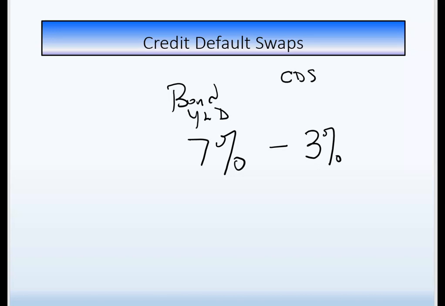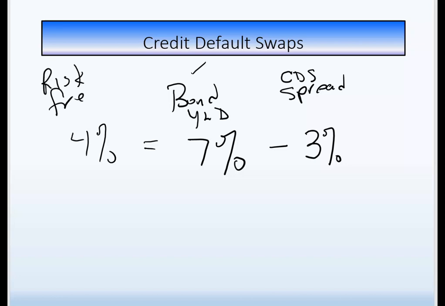So I'll label this CDS spread. That spread reflects the risk of this bond. And so when you get done, this difference of 4% should be the risk-free rate, because you've now turned this risky bond into something that has no credit risk.